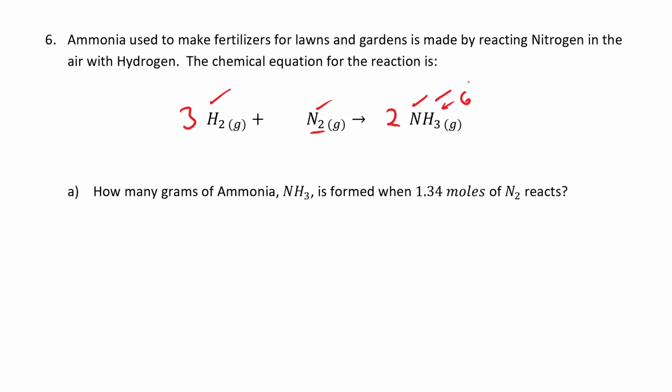Let's solve this now. How many grams of ammonia is formed when 1.34 moles of nitrogen react? So I'm going to convert from moles of nitrogen to moles of ammonia using the mole bridge, and then I'll convert to grams of ammonia using the molar mass of ammonia.